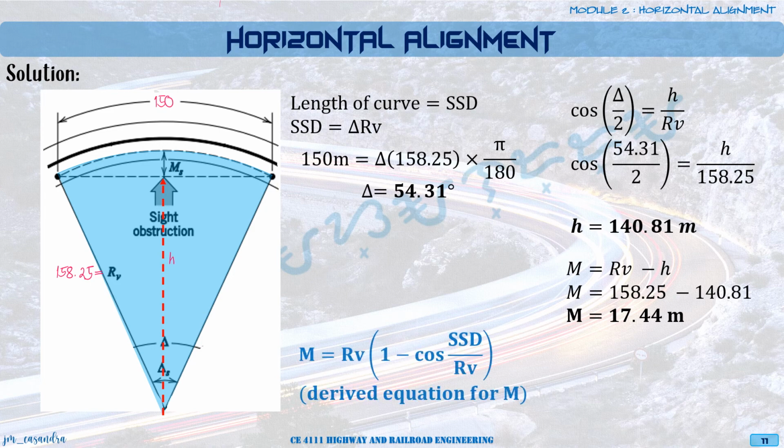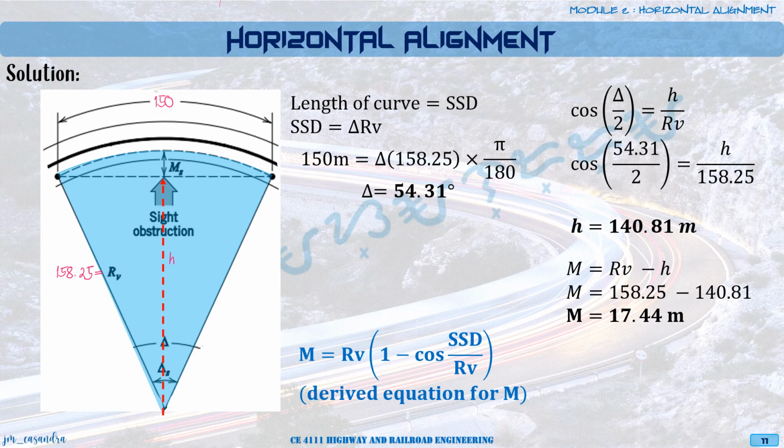We could also have a derived equation which is m is equal to RV times 1 minus cosine SSD divided by RV. Okay. So any will do. It will still give us a value of 17.44 meters.